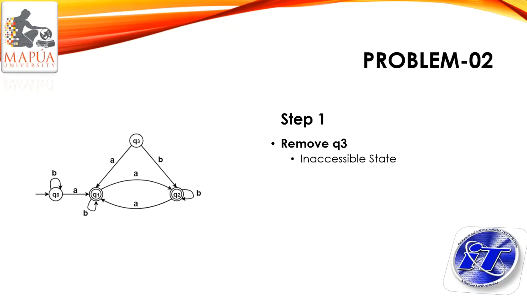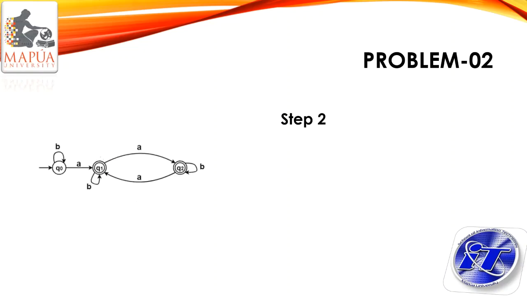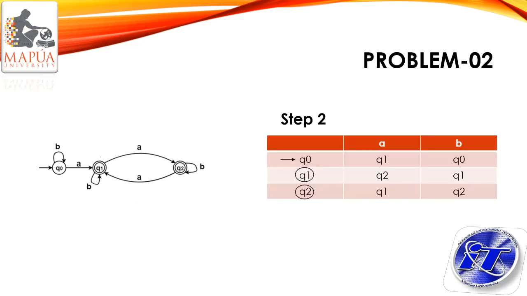So the new automaton without Q3 will be this. This will be used for our step 2, wherein we're going to create the transition function. So now we only have 3 states, Q0, Q1, Q2, and the alphabets are A and B. For Q0, if it encounters B, it will just loop within itself.